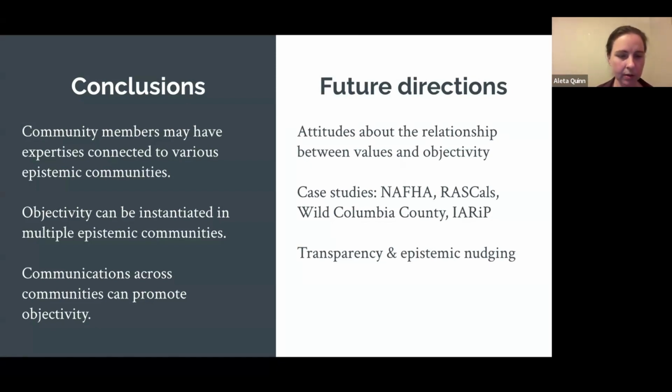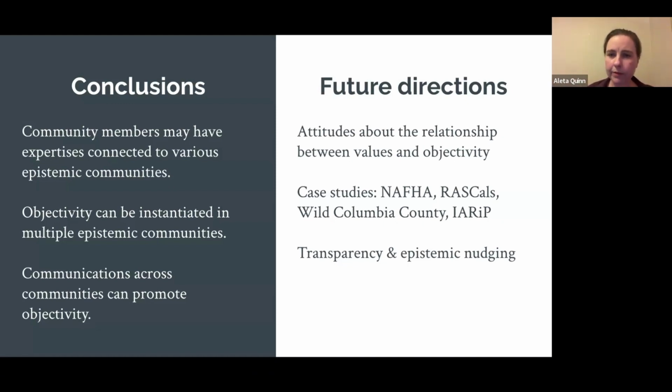Again, objectivity can be instantiated in multiple epistemic communities via the same general sort of social process, but with variations in how the standards are instantiated. And I think it's quite plausible that communications across these communities can promote objectivity within each community and, ideally, when things go well, across everyone who's involved.